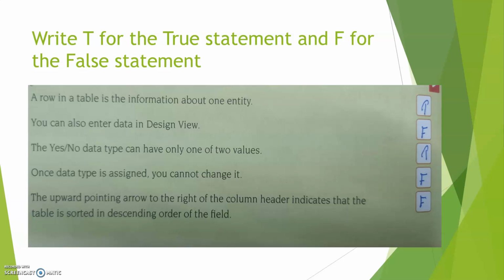For example, 8A students: all the data in the first row will be the first student's name, right? Then all the data in the second row will be the second student's name. While taking attendance, you have all seen in your register, right? They will write the first name in the first row, and your attendance will be written on that row, right? So a row in a table is the information about one entity, true.